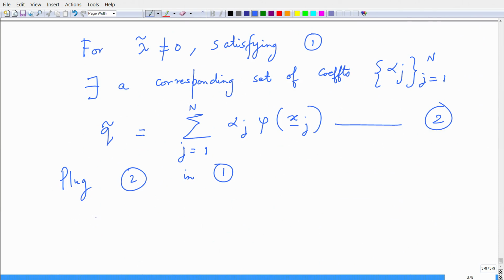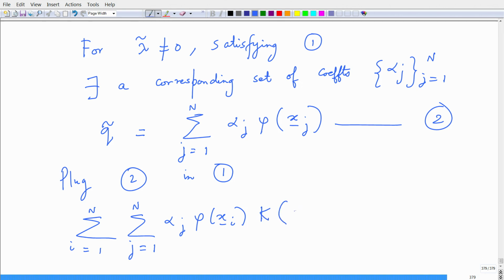For R Q tilde, I end up with this equation: summation i equals 1 to n, summation j equals 1 to n, alpha j, phi of xi times the kernel acting on xi, xj, equals n times lambda tilde times summation j equals 1 to capital N alpha j phi of xj.